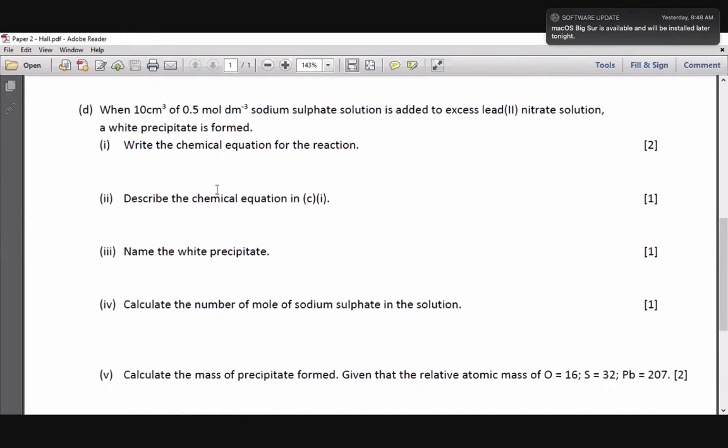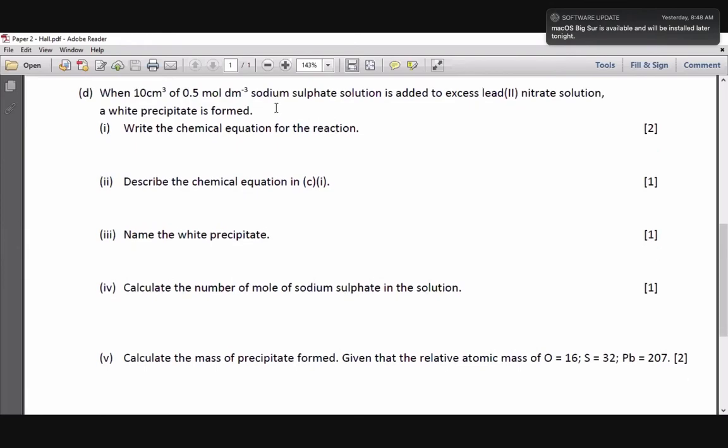Okay, like this part, calculate the mole. Anyone? Answer very simple one. Mole for this one. One mark only.